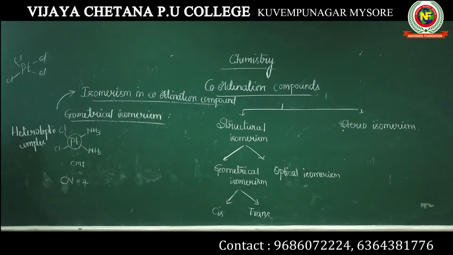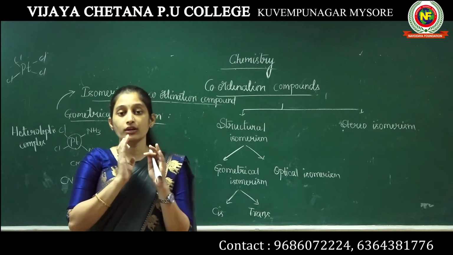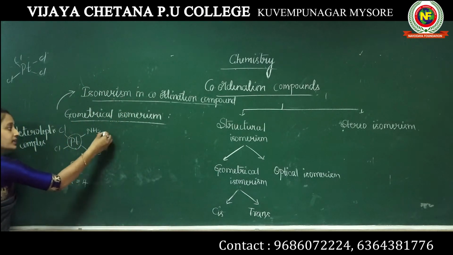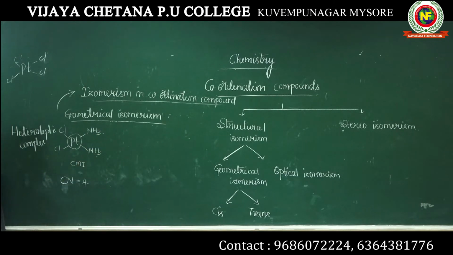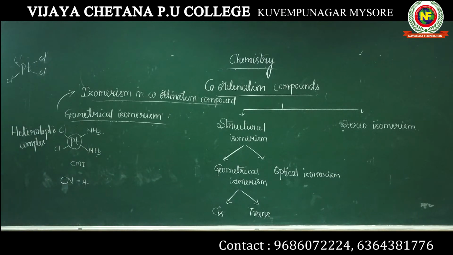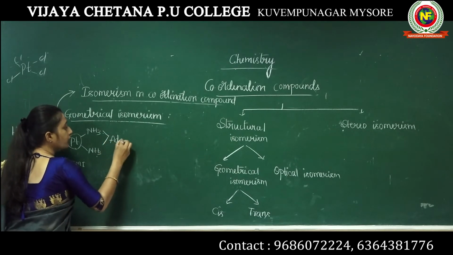Why? Because all the chlorines are identical. Shifting this chloride from here to here makes no difference. It is always observed in heteroleptic complexes. And then see here NH3, NH3. Two groups are adjacent to each other. Adjacent means nearby.